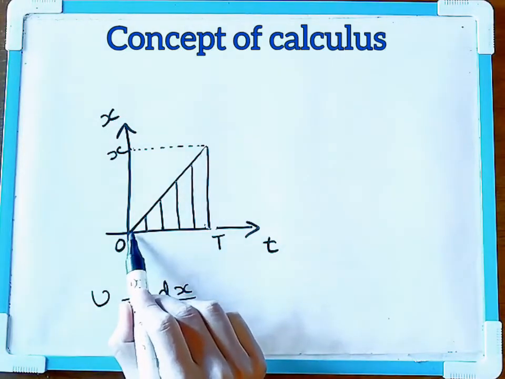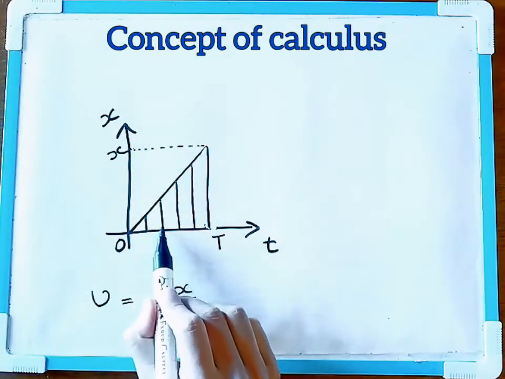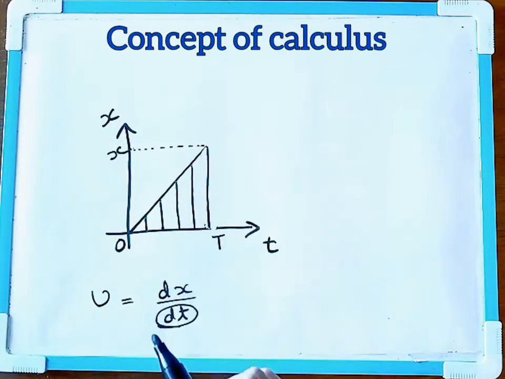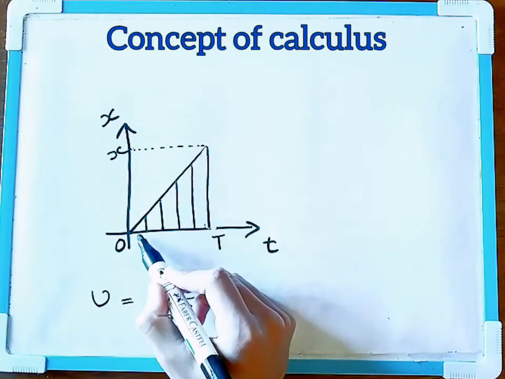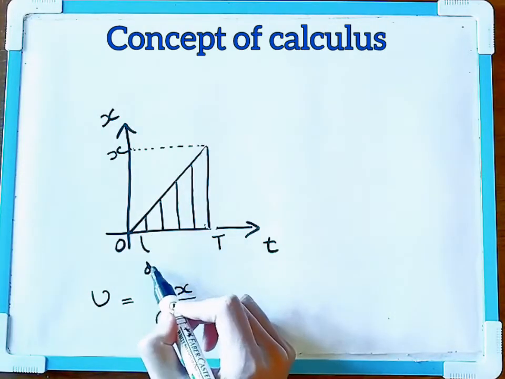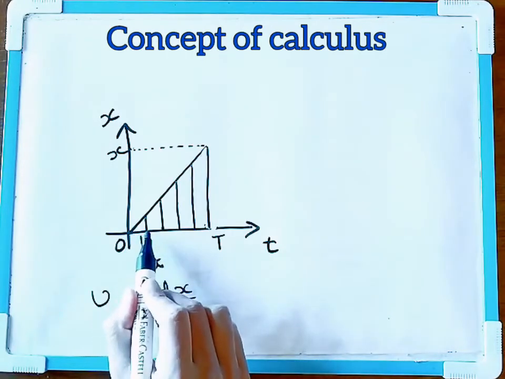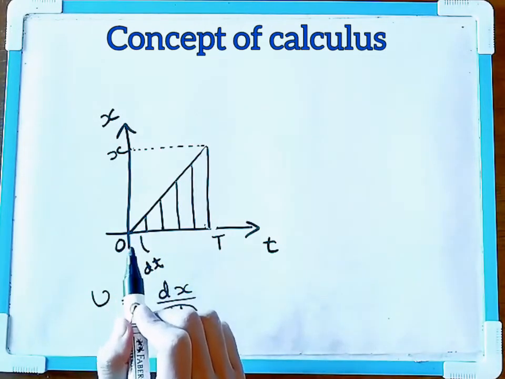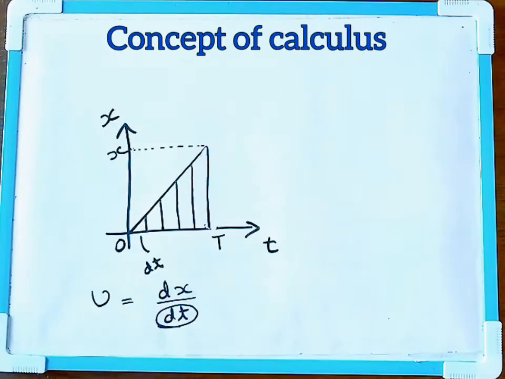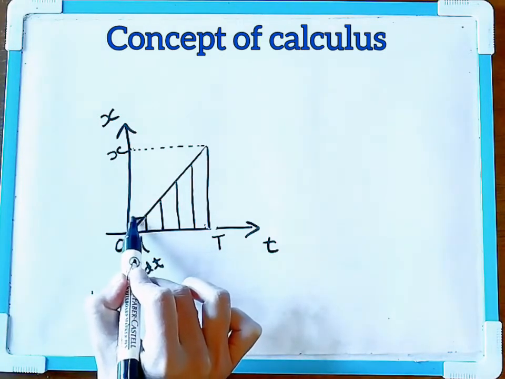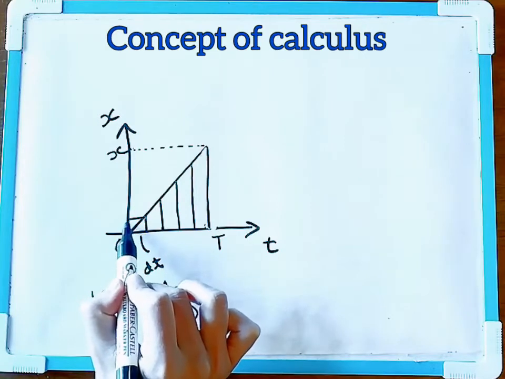These intervals, from here to here, from here to here, they are equal, and these intervals can be taken as a dt. Here this dt is very small, and it tends to 0. So for this dt, what will be your displacement? For this dt here, the displacement will be this one. So here this is your dx.